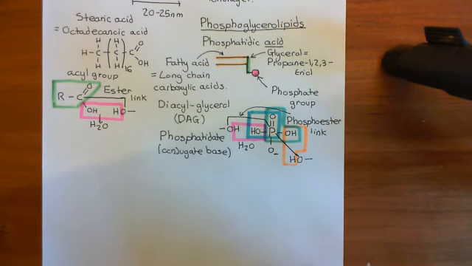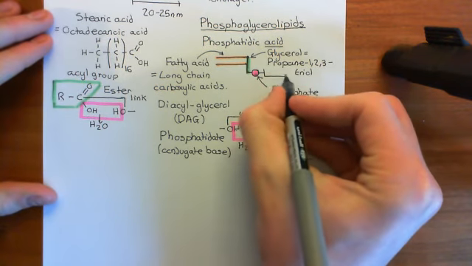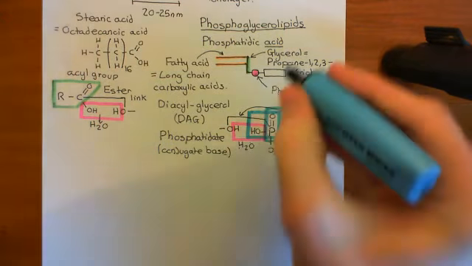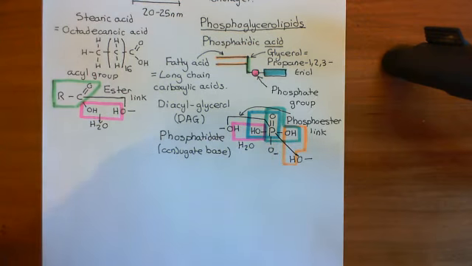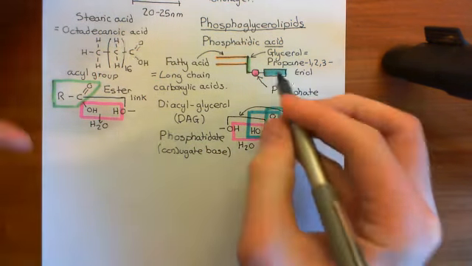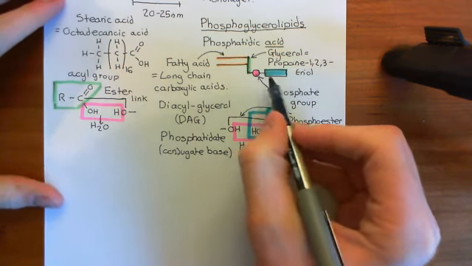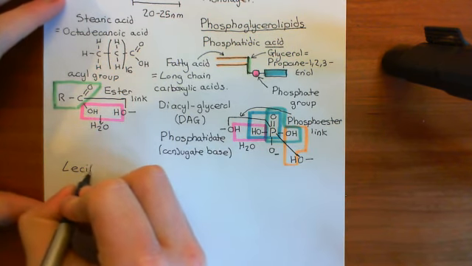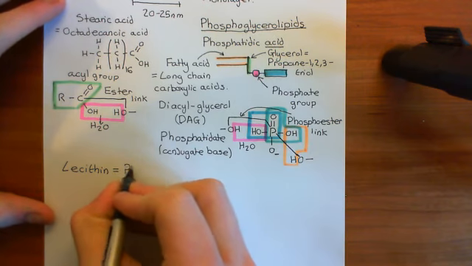So basically, I can attach alcohol groups onto my phosphate group again via phosphoester links. That's how you create a more general phosphoglycerolipid. You can attach alcohol-group-containing molecules onto the other side of the phosphate group. So we now want to discuss the specific example, which is lecithin, also called phosphatidylcholine.